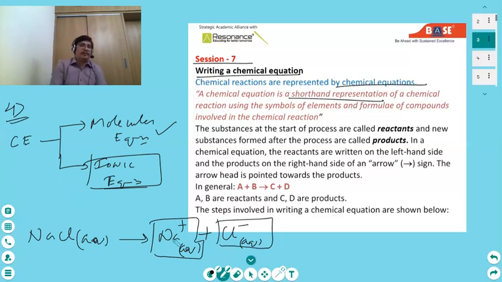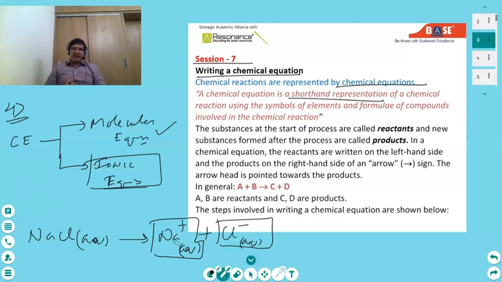This is known as an ionic equation, where you write either the product or reactant or both sides in the form of ions. So this is an example of your ionic reaction. I hope that is clear.